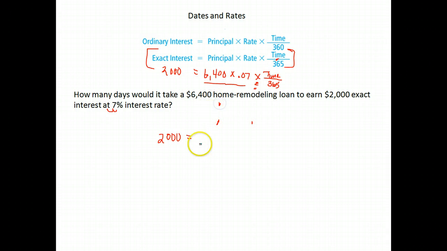I would round that out as far as I'm willing to write down, because the less we round, the closer we get to the correct answer. So that gives me 1.2273976.